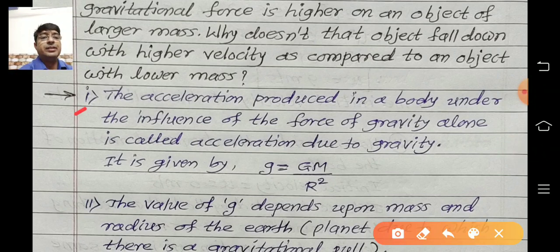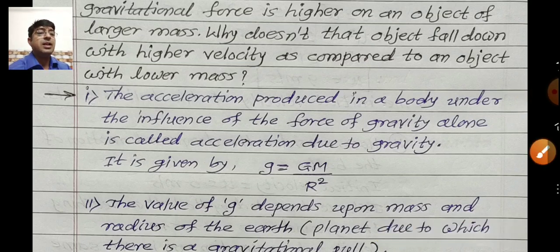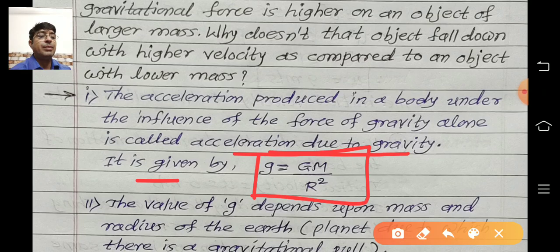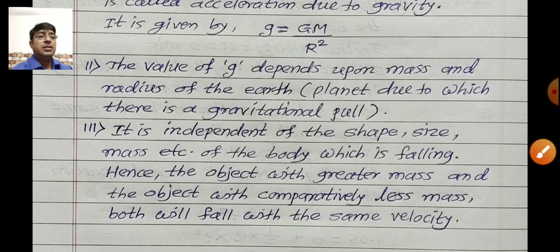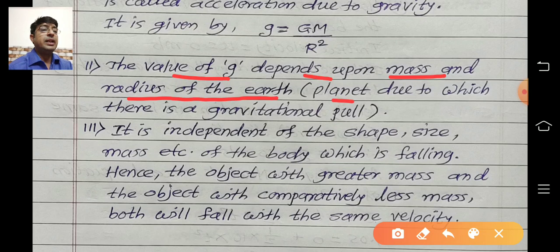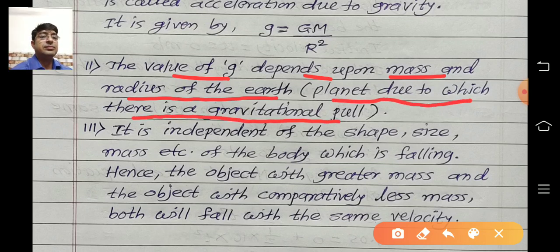Answer. First point: the acceleration produced in a body under the influence of the force of gravity alone is called acceleration due to gravity. We know the formula, g equals GM upon r square. The value of small g depends upon the mass and radius of the earth, that is, the planet due to which there is a gravitational pull.